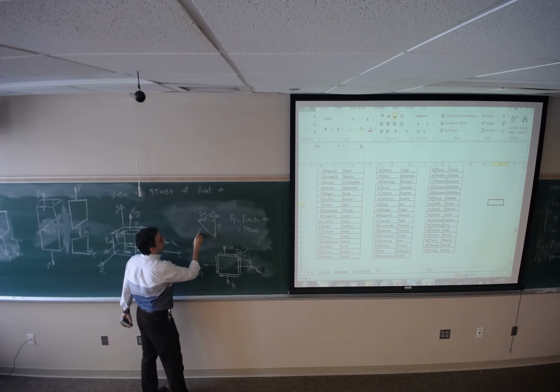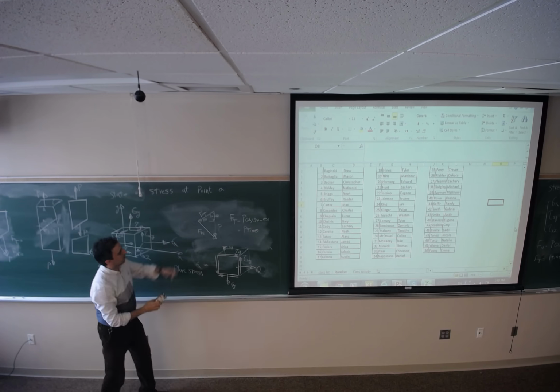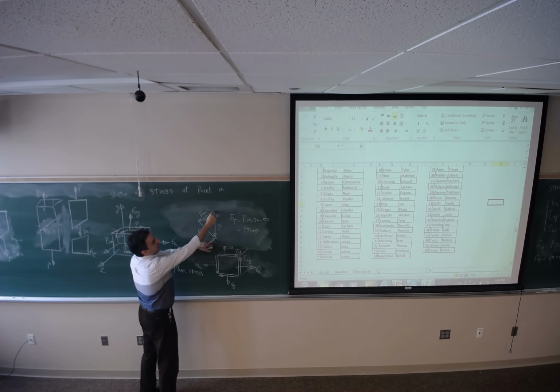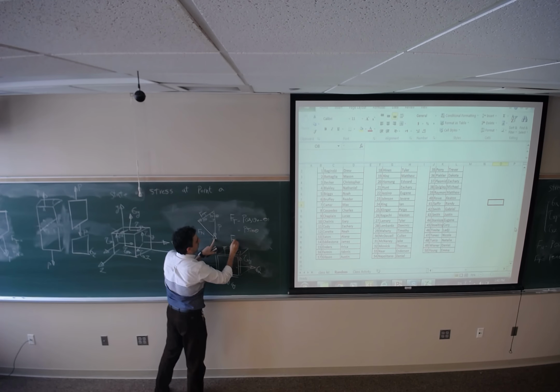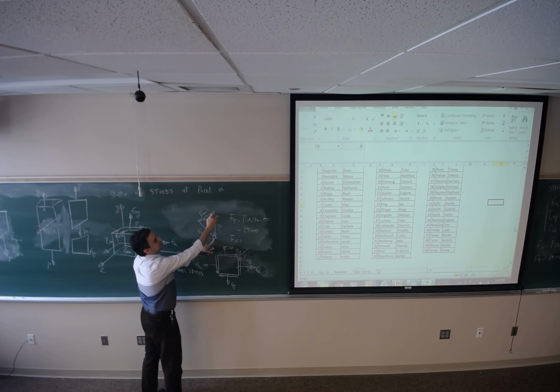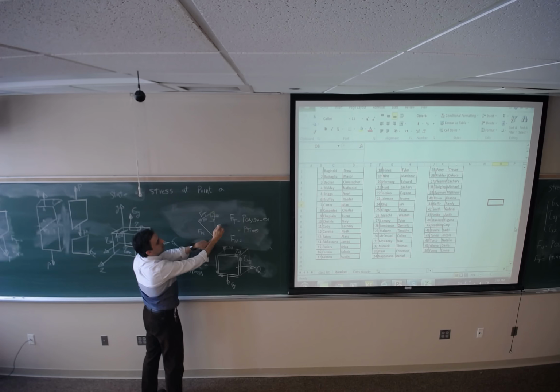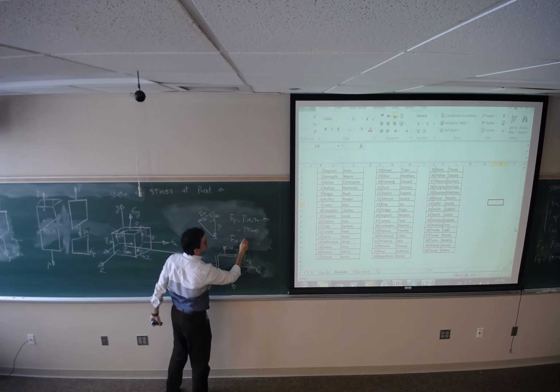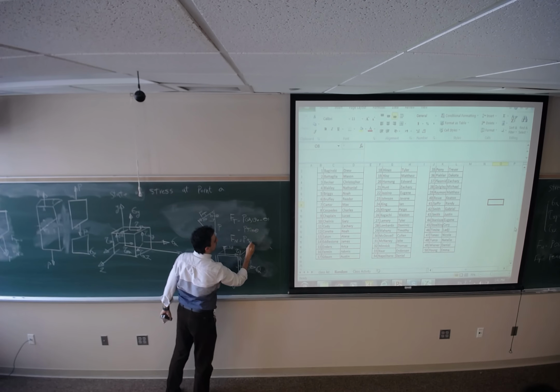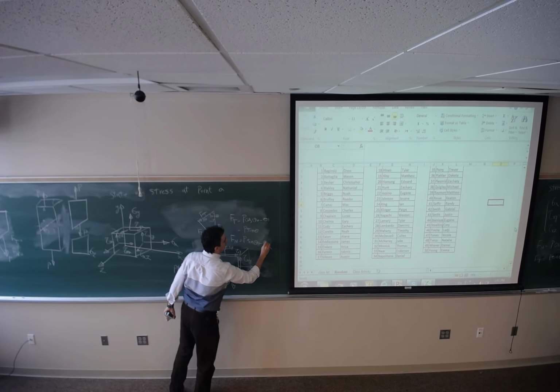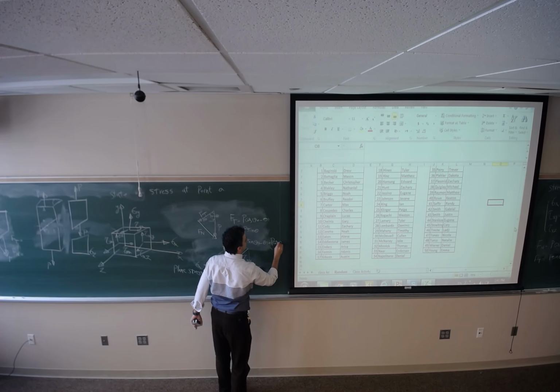And F normal, which is this one, is going to be P times sine of this angle. Sine of this angle would be this divided by this. If I multiply by P, I can get F normal as P sine of 90 minus theta, which is P cosine of theta.